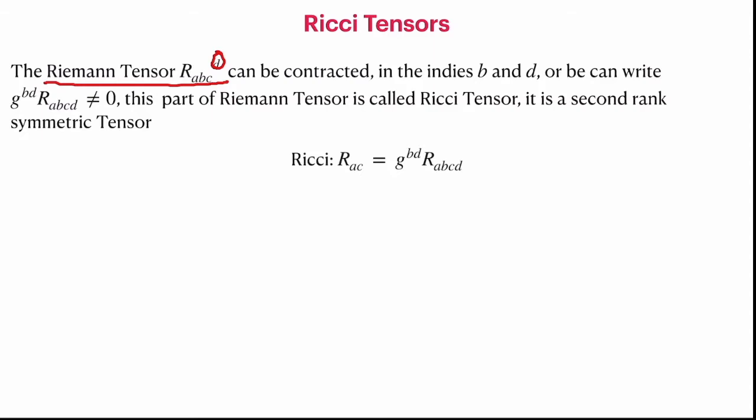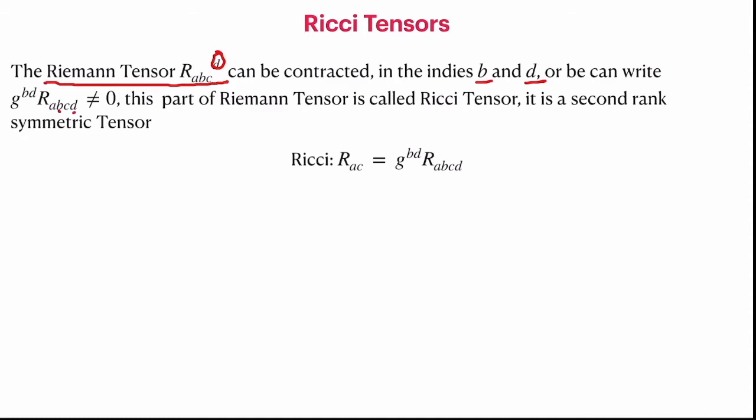Now we see that indices B and D can be contracted because they are symmetric. We know that once we lower D, we see that the AB together with CD can be interchanged, and that we could contract the Riemann tensor in the B and D, because that would lead to a non-trivial result.